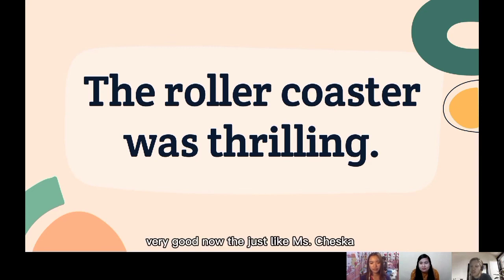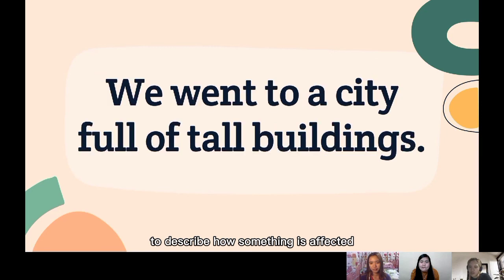Very good. Now just like Miss Cheska said, the adjective is used by adding an ing to describe the effect, while ed describes how something is affected. Now let's move on. Miss Rose, can you please read and identify? So we went to a city full of tall buildings.